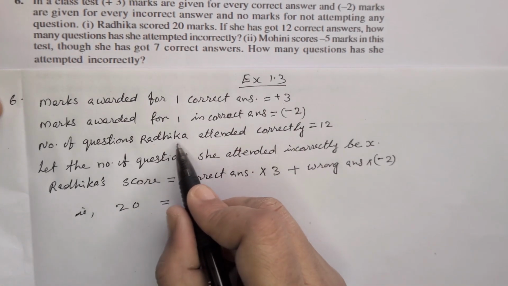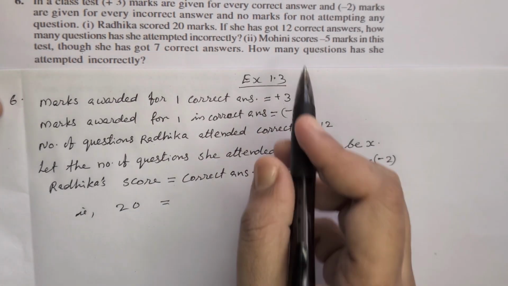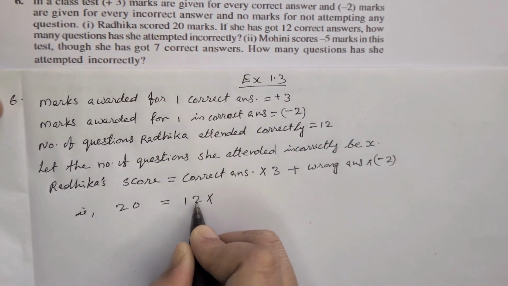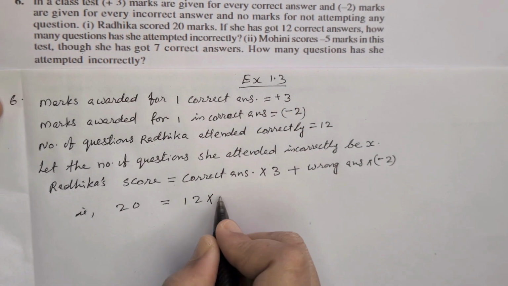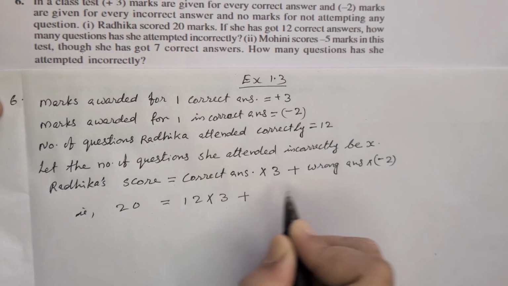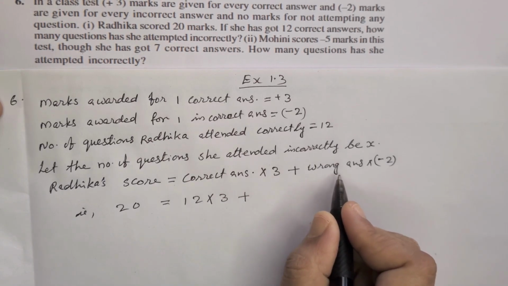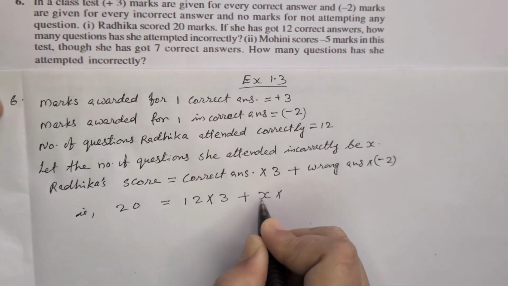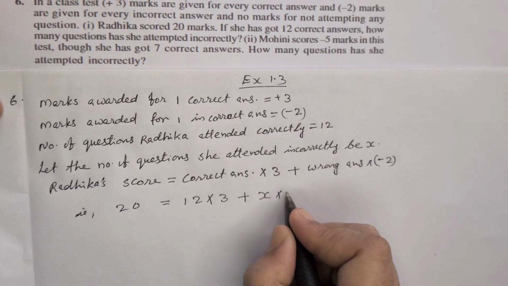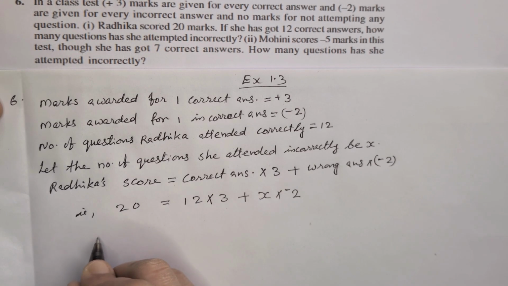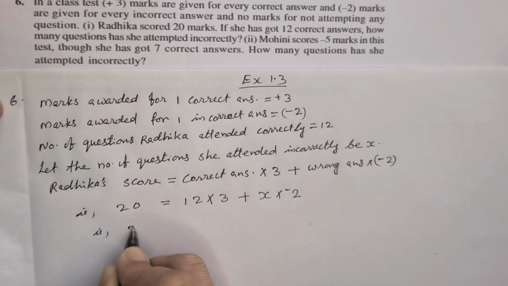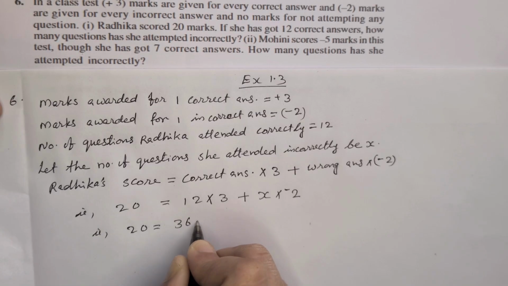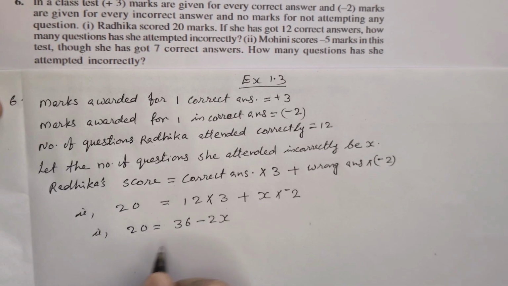Here Radhika answered 12 correctly, so we put the correct answers as 12, each getting 3 marks, plus the wrong answers x, each into minus 2, is equal to 20. 12 into 3 is 36, minus 2x.